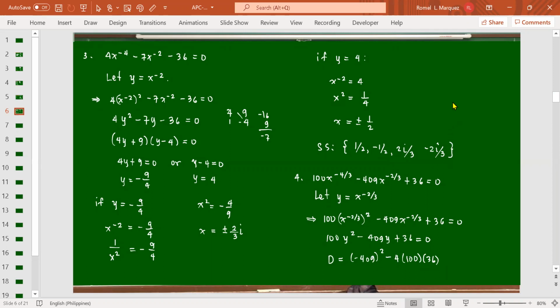So what are the possible factors? So let's try 25, 4, and then 4, 9. Let's check. What is 25 times 9? 225 plus 16. It is 241. It's not, no?